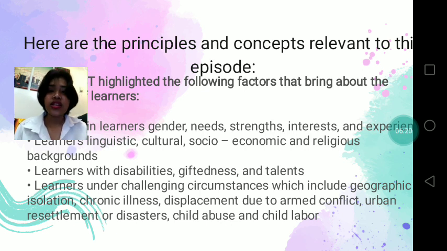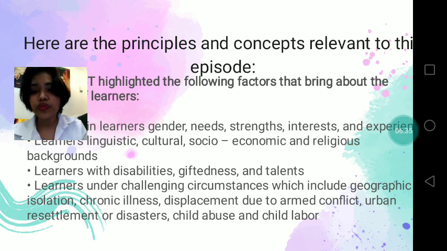Okay? So, next is learners under challenging circumstances, which include geographic isolation, chronic illness, displacement due to armed conflict, urban resettlements and disaster, child abuse, and child labor.